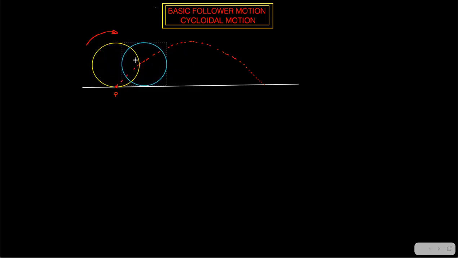This is the next position of the circle, and the point we are studying is here. Let's call it P prime. The initial position was here, and now this is the new position P1, which is in contact.